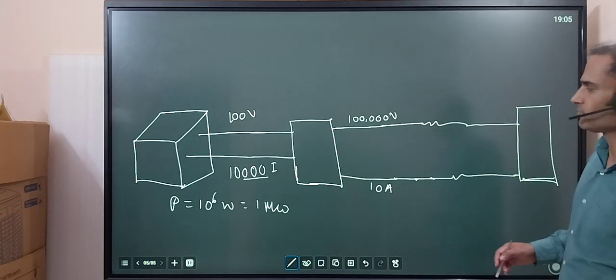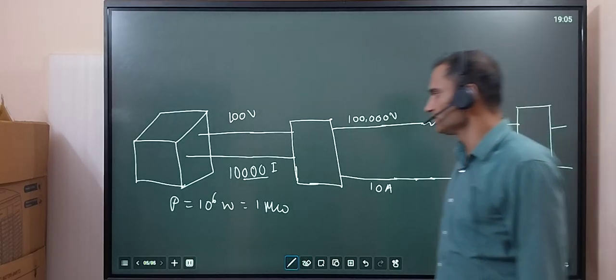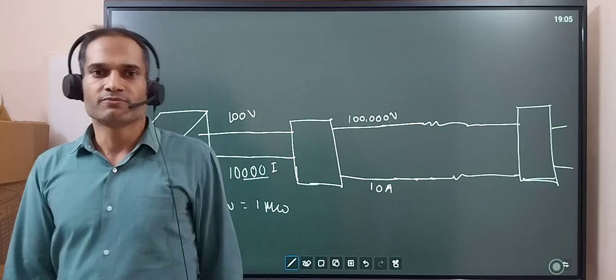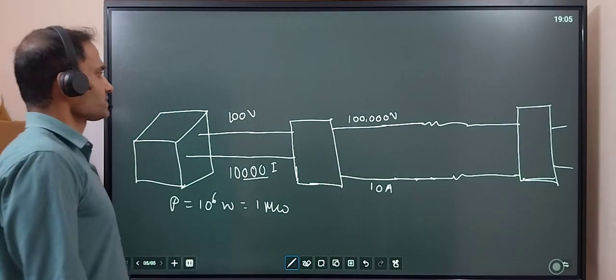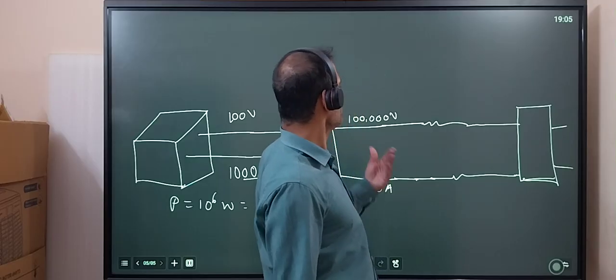Here we have a transformer, and here it is a step down. Here voltage will be reduced and current will be increased.